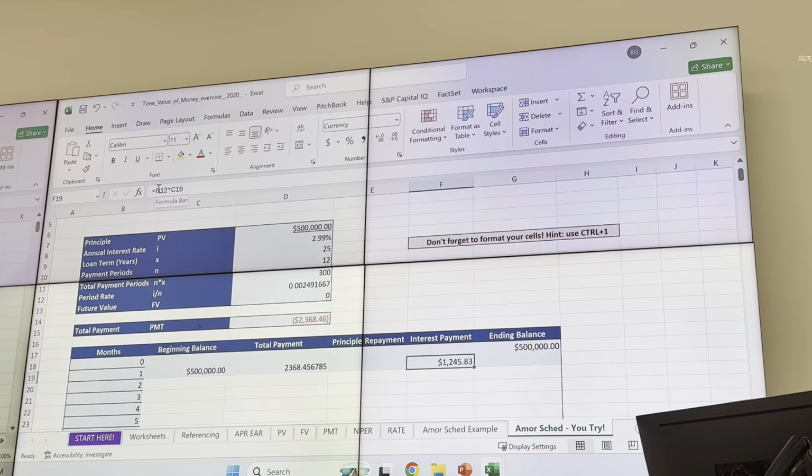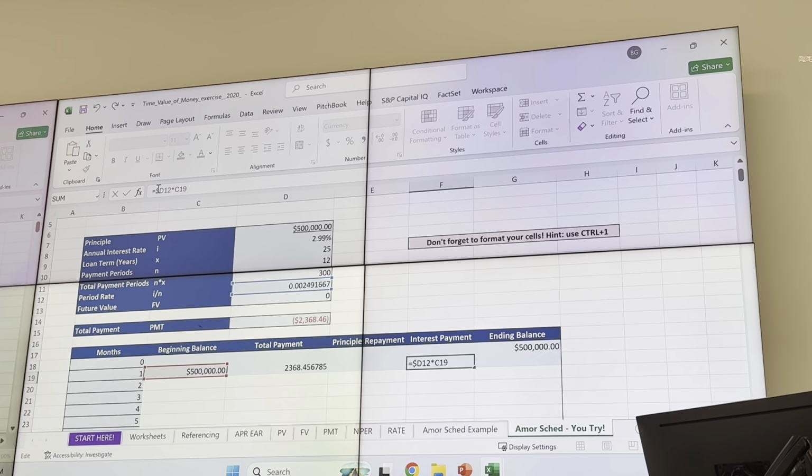Remember to block the interest rate. You will understand why this blocking is very important. I'm not blocking the beginning balance because every month my beginning balance will change, but my interest rate will remain fixed for the next 25 years. So enter.